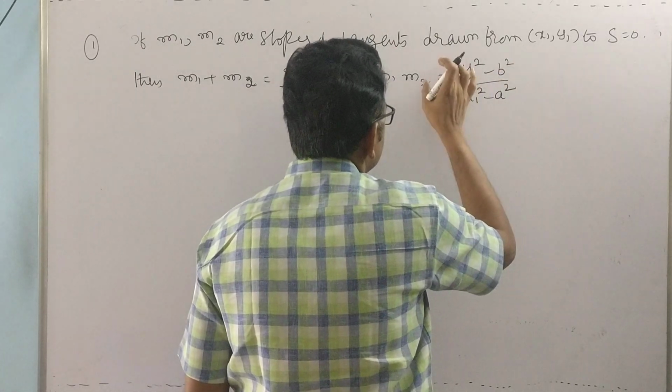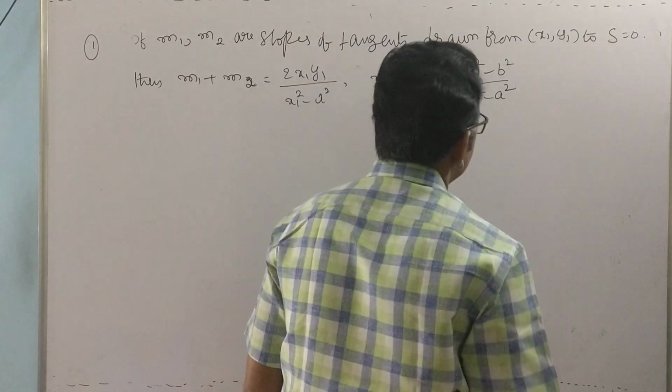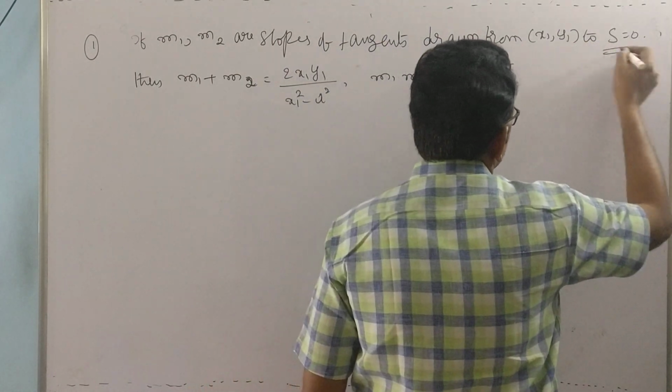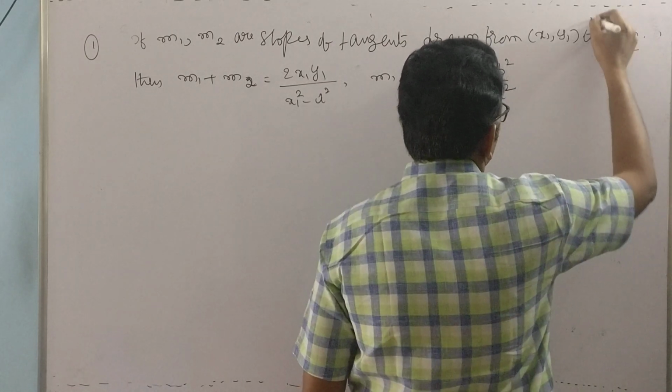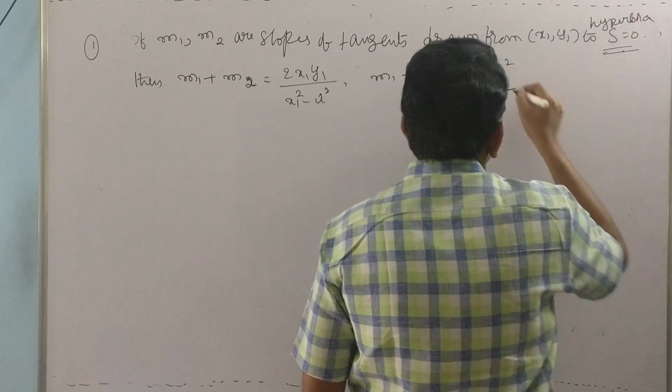This is in ellipse, but in case of hyperbola, S equal to 0 means hyperbola, it is minus b square.